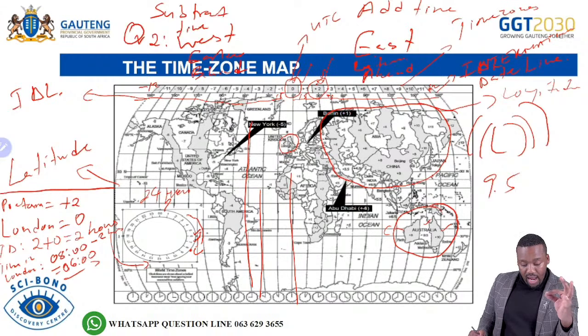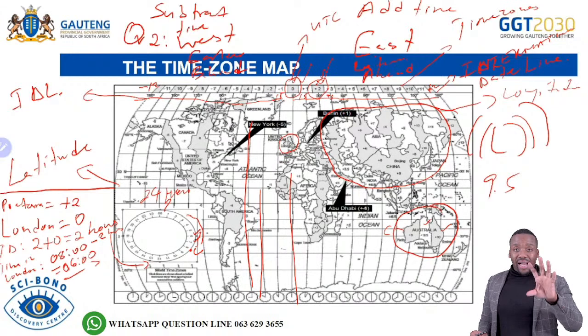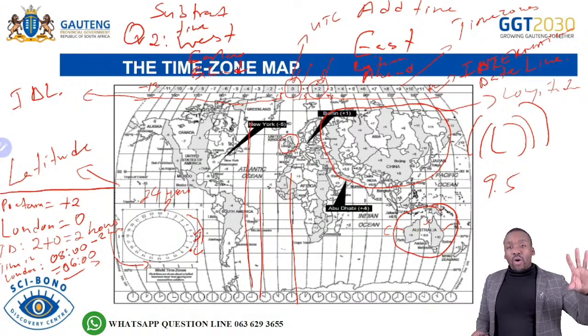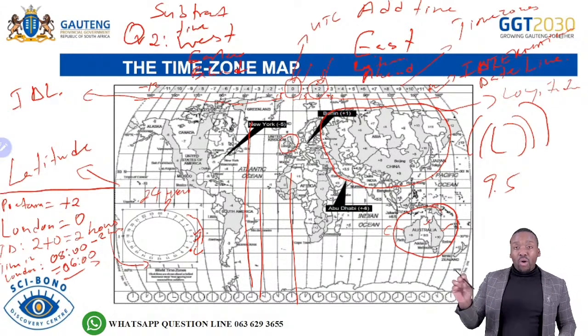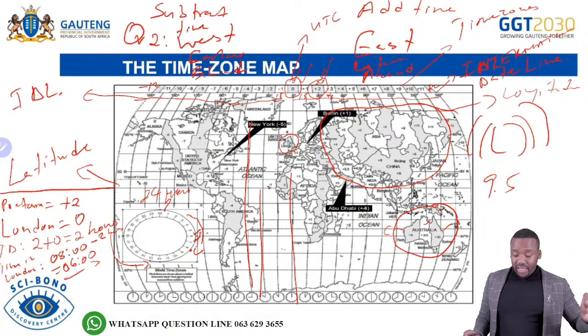Step 1, identify the 2 time zones, the time zone for each city. Step 2, calculate the time difference by either adding or subtracting. What do we check? We check the sign. Are the countries both on negative, or both on plus, or is one on negative and one on positive?